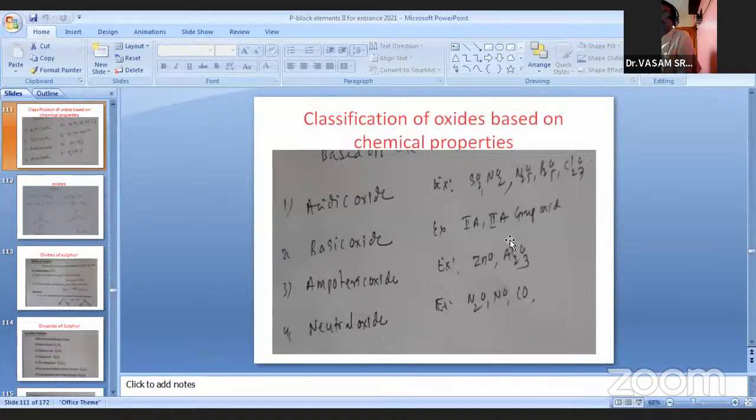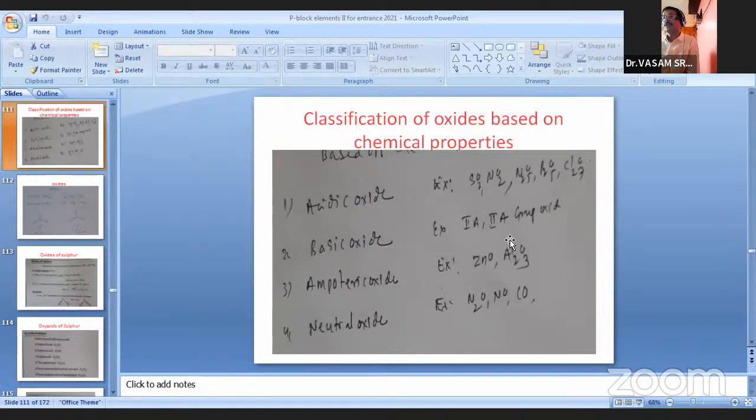And the last one, neutral oxides. Neutral means the pH value is 7, and they do not react with acids and bases. Only 3 examples are covered here: N2O, NO, and CO. N2O is nitrous oxide, NO is nitric oxide, and CO is carbon monoxide.